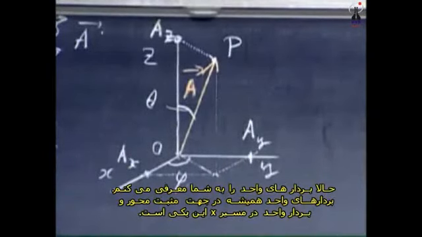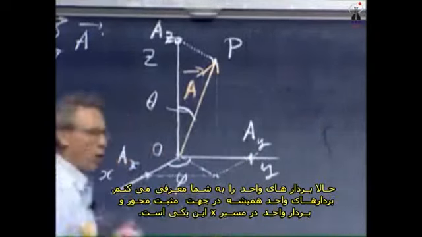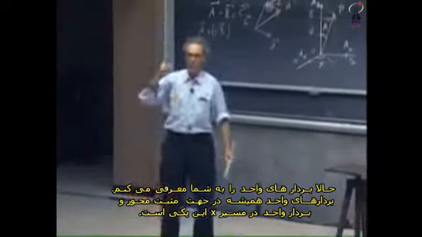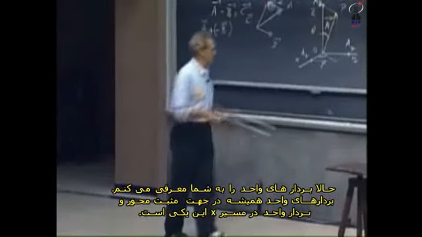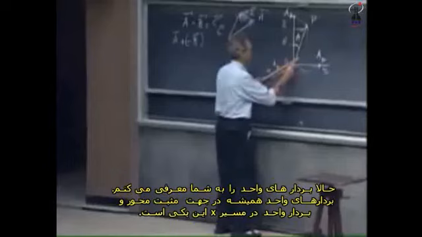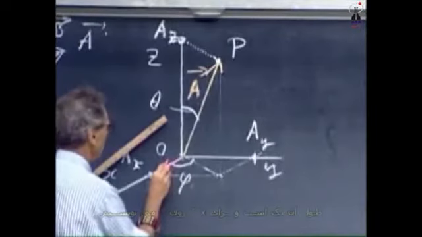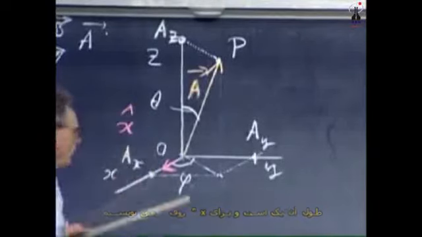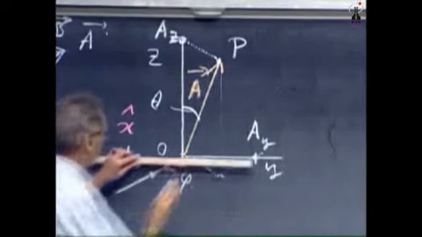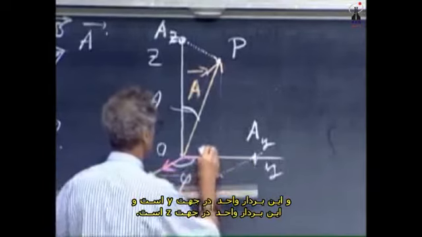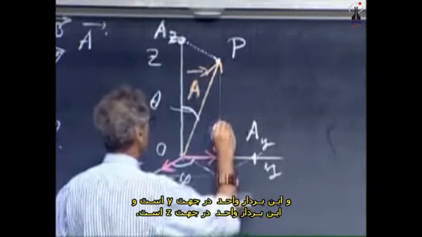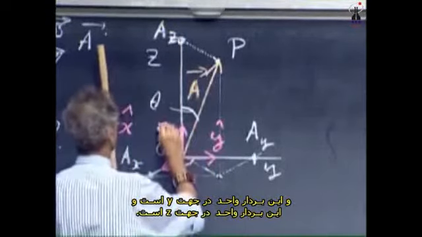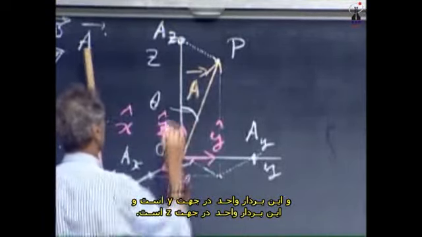We now introduce what we call unit vectors. Unit vectors are always pointing in the direction of the positive axis. And the unit vector in the x direction is this one. It has a length 1, and we write for it x roof. Roof always means unit vector. And this is the unit vector in the y direction, and this is the unit vector in the z direction.